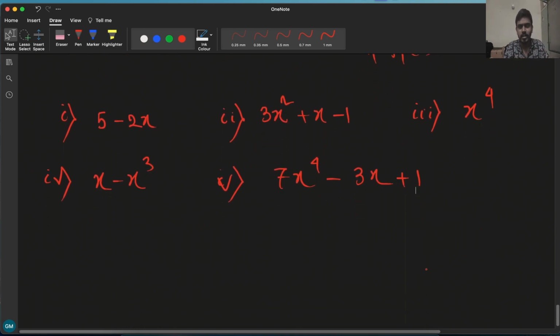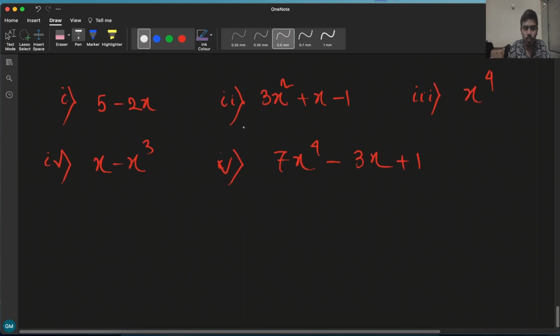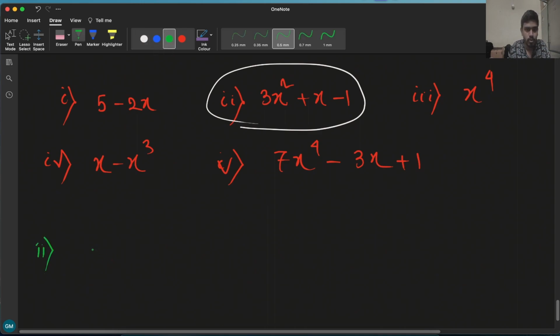And how to do that? Let me give you an example. Let me solve problem number 2, which is 3x² plus x minus 1. Here x has a maximum power of 2, right?